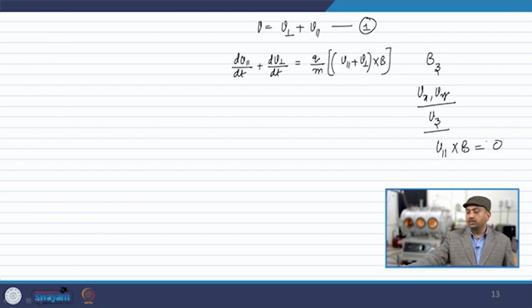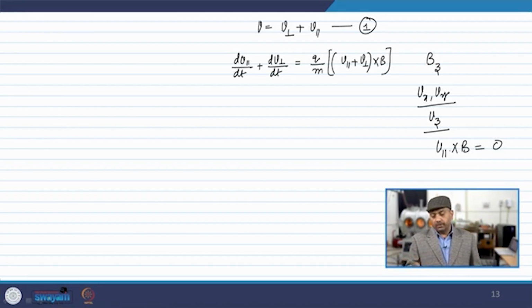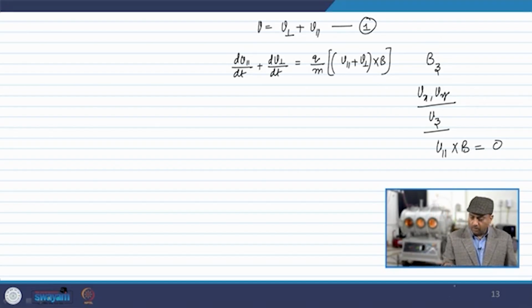Can we say that? Think about it, because v parallel is along the magnetic field itself. So, the angle is 0 and the cross product goes as sin theta, and sin 0 is 0, right. So, we are left with dv parallel by dt plus dv perpendicular by dt is equal to q by m times v perpendicular cross b, right.